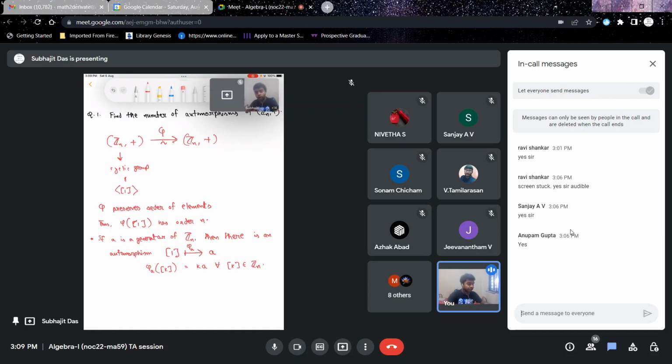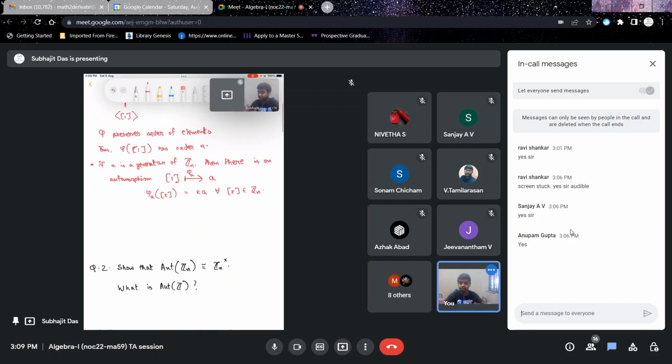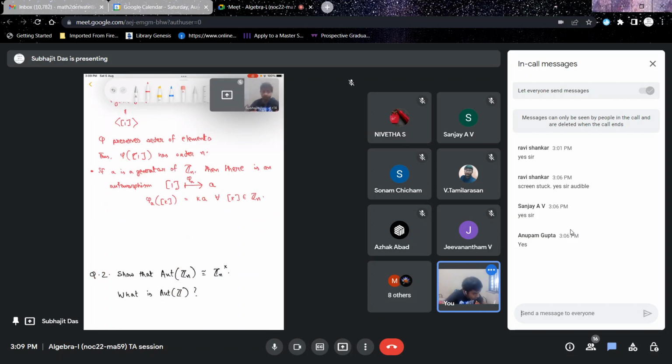And how many generators does a cyclic group have? That you know clearly, right? So there is a unique automorphism, yeah. Since Zn under addition has phi n generators, where phi, by the way, is Euler's phi function. Okay, so let me use a different notation for this one.